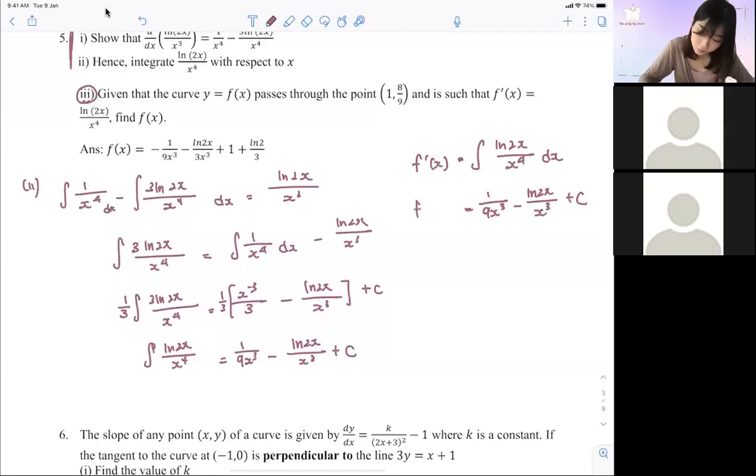Then sub in your f x, sorry, I wrote it wrongly. Then sub in your point, when y is 8 over 9, x is 1.